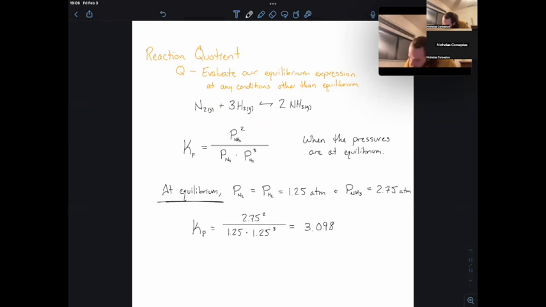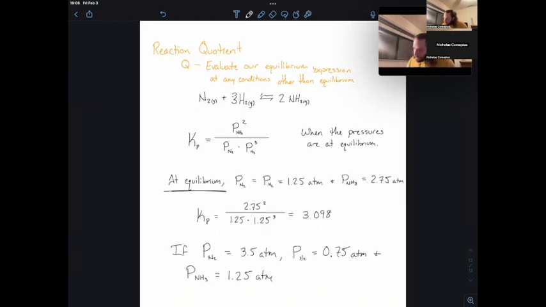So let's say the pressure of the nitrogen gas is equal to 3.5 atm, the pressure of the hydrogen gas is equal to 0.75 atm, it's kind of messy, and the pressure of the ammonia gas is at 1.25 atm.